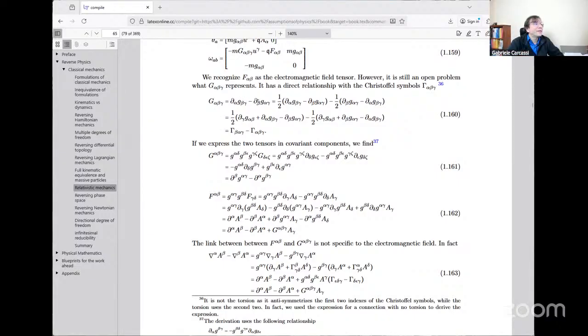Exactly. So the thing that is cool is that you have the G's, and you are making a sort of exterior derivative on the first element. Then you do the math, and it's exactly like taking the Christoffel symbol of the second kind, I don't remember, and antisymmetrizing the first two indices.